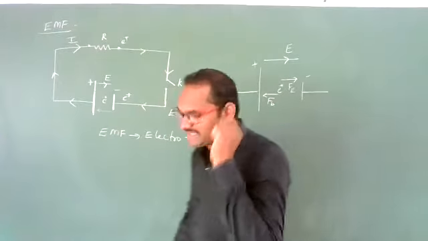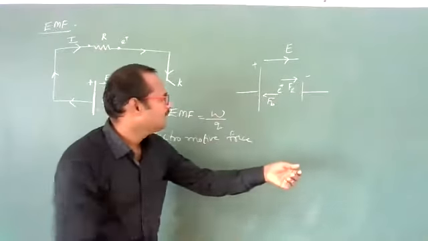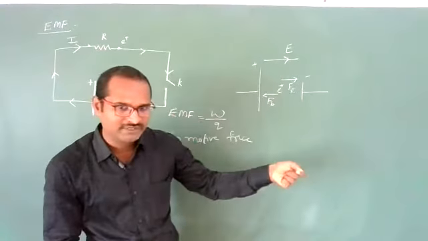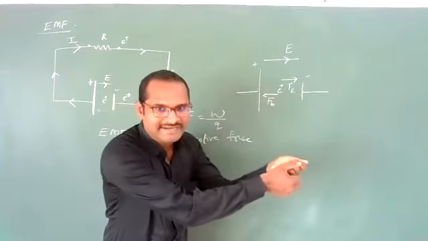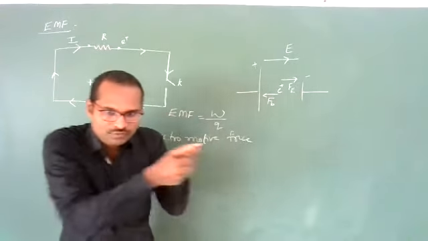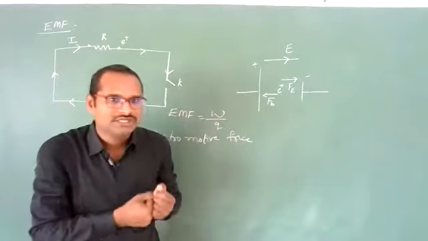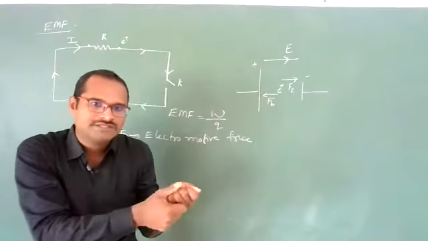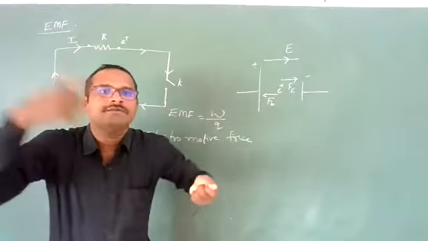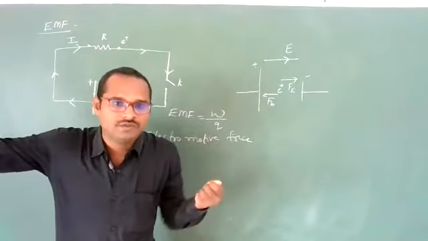Let us suppose one electron is at the negative terminal of a battery here. Now the battery is doing work to bring it to the positive terminal, which means the battery has to spend some energy. While it is bringing it, sometimes heat may be produced, sometimes light may go.